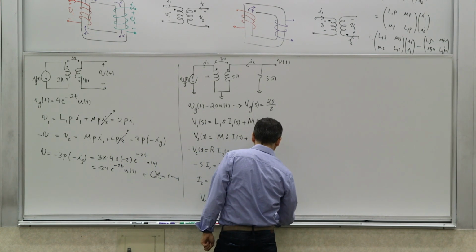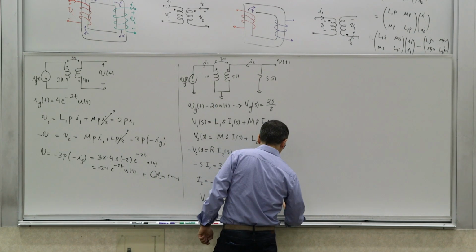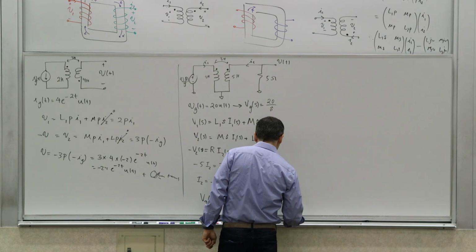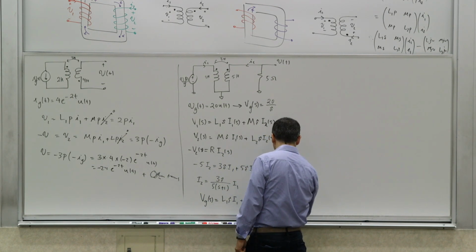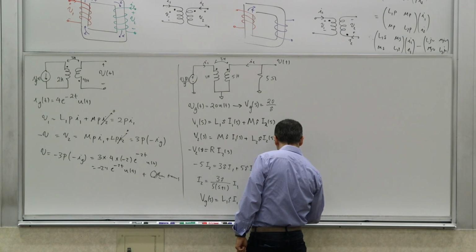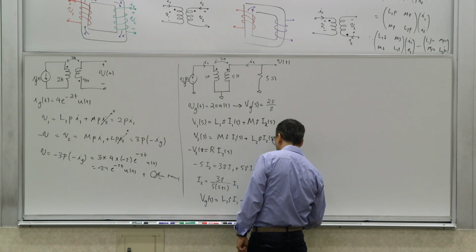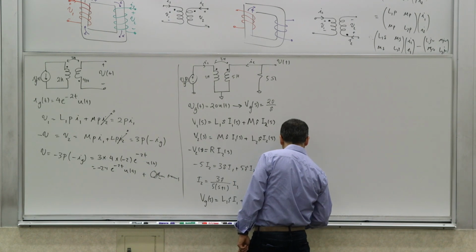So it becomes 2S I1 plus 3S now times I2, which is again this thing. So it becomes 9S squared over 5S plus 1 I1.